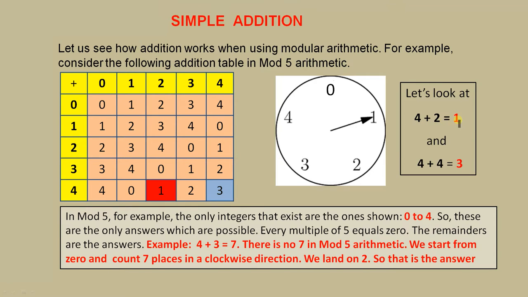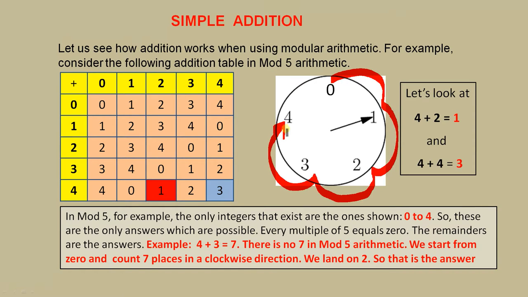So let's look carefully. 4 plus 2 equals 1. That's what the table tells us. There it is there, see? In that red box, 4 plus 2 equals 1. We start at 0, like we do on the number line. Always start at 0. Now 4 plus 2 equals 1. Let's go 4 places. 1, 2, 3, 4. So that's our first trip.